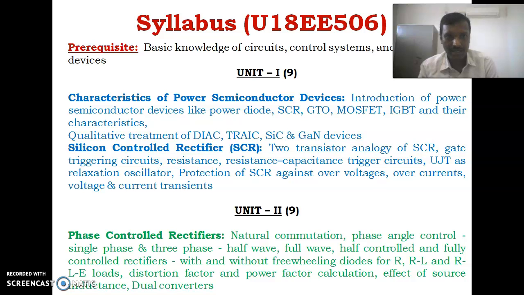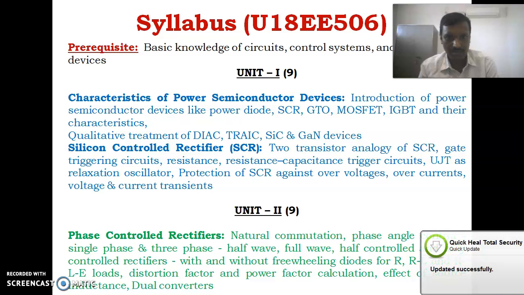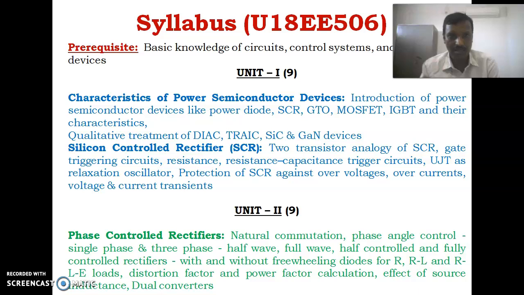This is followed by the silicon controlled rectifier, the two transistor analogy of SCR, gate triggering circuits, and how to turn on the SCR with the help of triggering circuits, and also the protection of SCR against over voltage and over currents, and how to protect the SCR from high voltage and high current transients.